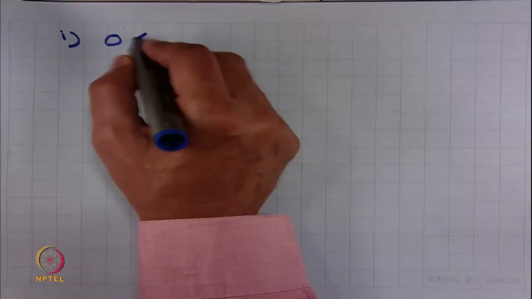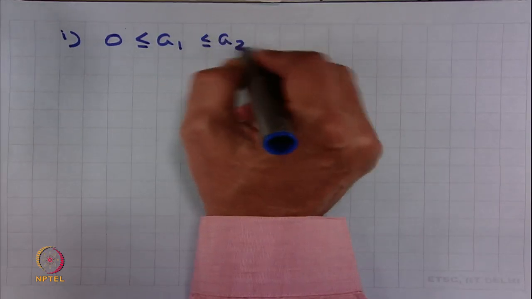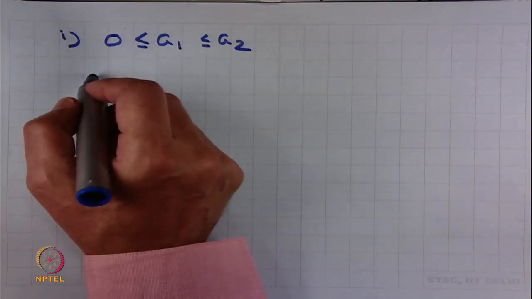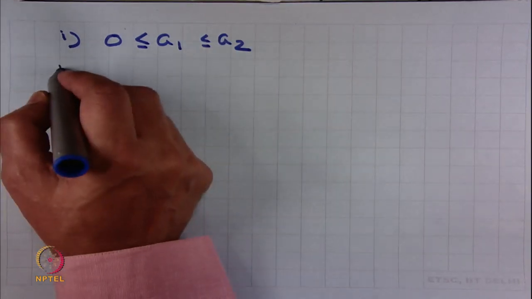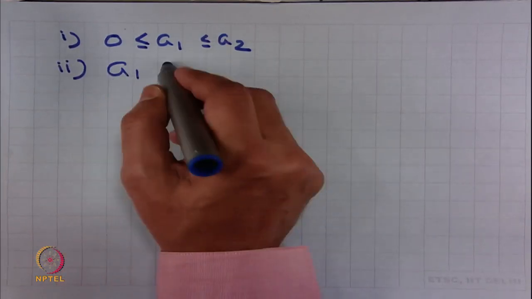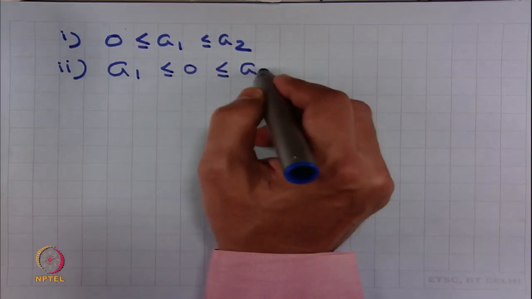0 less than or equal to A1 less than or equal to A2. That means A is an interval on R plus. Second one is A1 less than or equal to 0 less than or equal to A2.